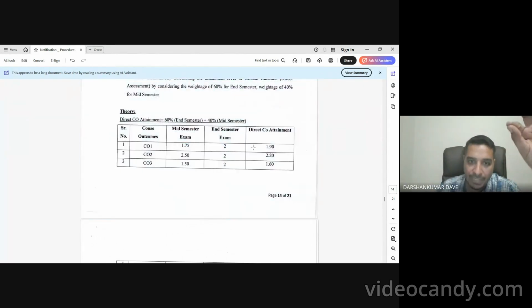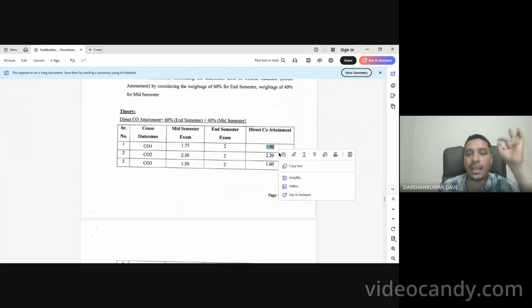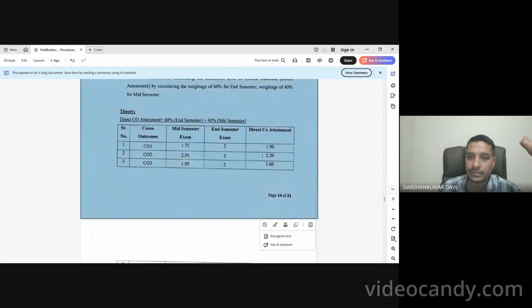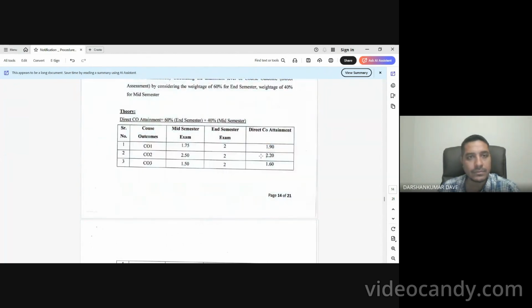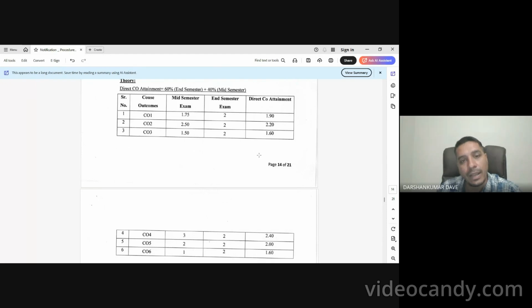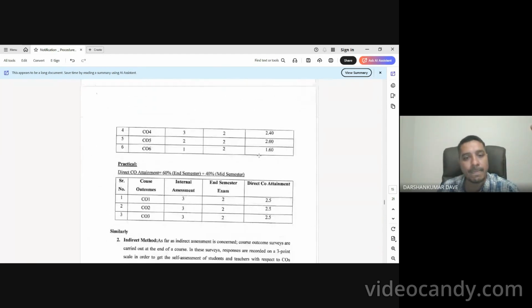So 2 plus 1.75 divided by 2 will be 1.9. That is my overall attainment of course outcome 1. Is that clear? That is done for every course outcome of every course.